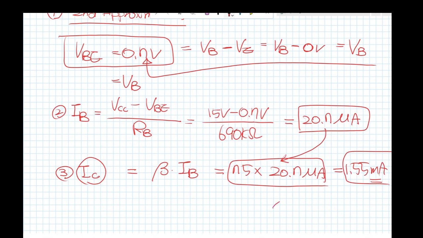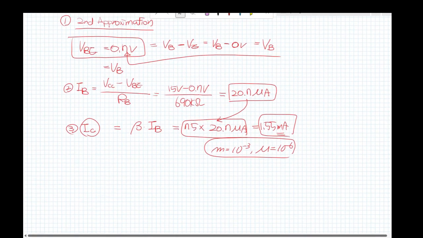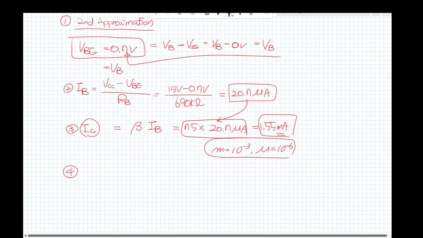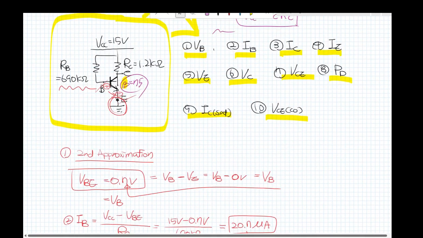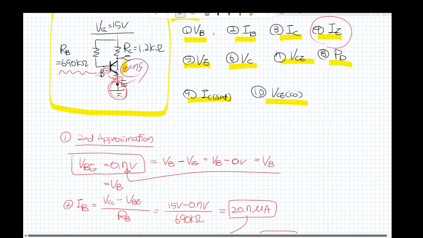We learned milli is 10 to the minus 3, micro is 10 to the minus 6. Now question 4, what is the emitter current?